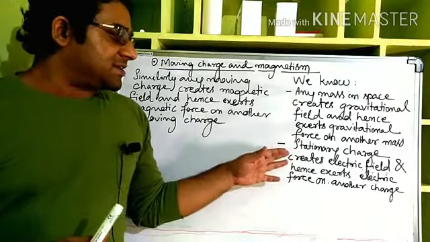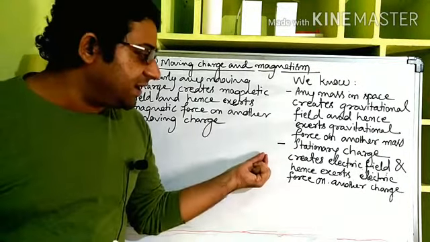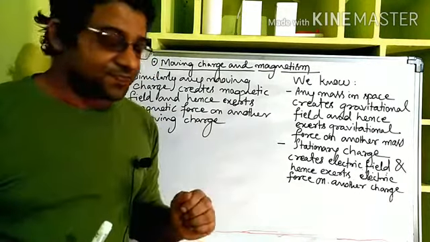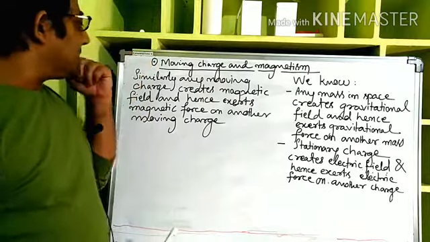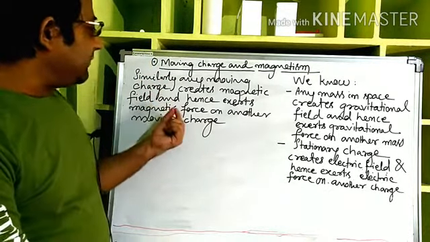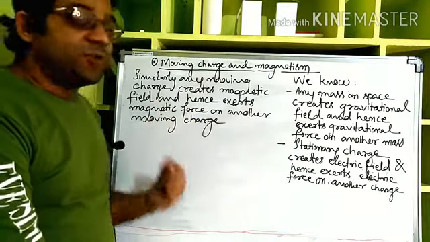Also, any stationary charge creates an electric field and hence exerts electric force on another charge. Similarly, any moving charge creates a magnetic field and hence exerts magnetic force on another moving charge.